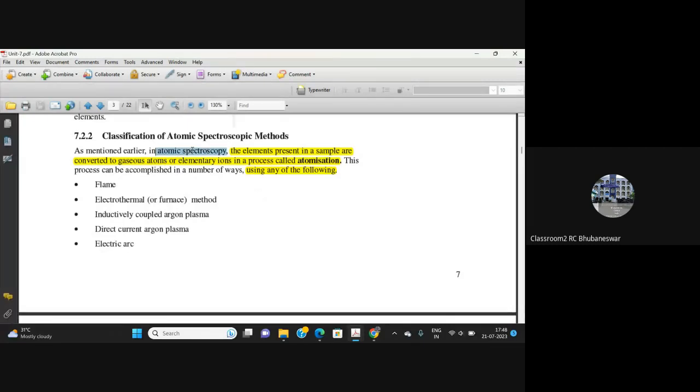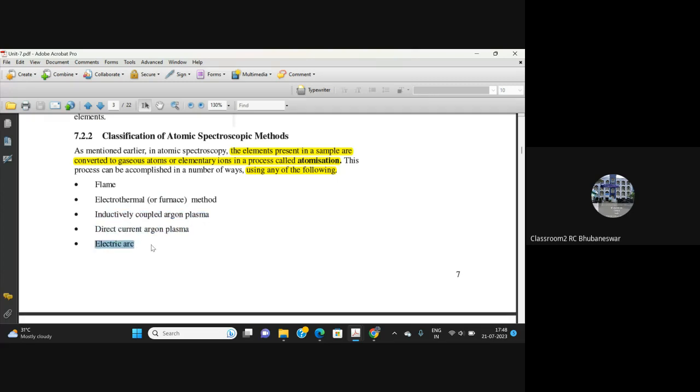In atomic spectroscopy, the elements present in a sample are converted into gaseous atoms or elementary ions, a process known as atomization. And this process can be attained in various ways, like by applying flame, electrothermal or furnace method, inductively coupled argon plasma, direct current argon plasma, or electric arc.